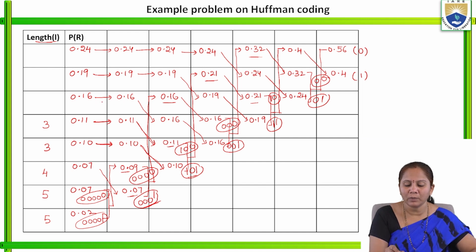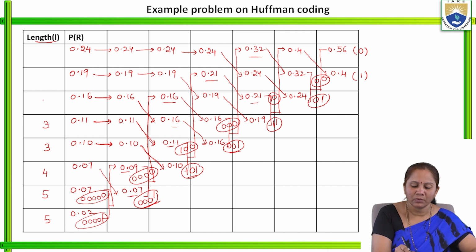If you follow this arrow mark, it is having 001. So 001 means the length is 3.